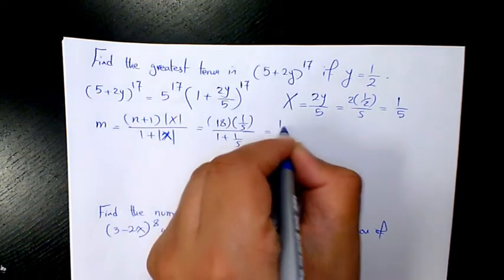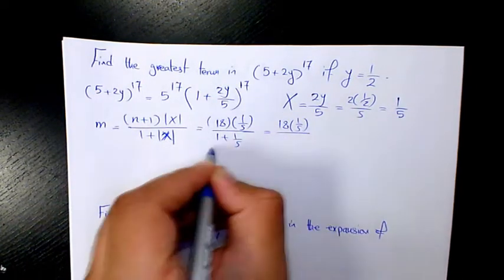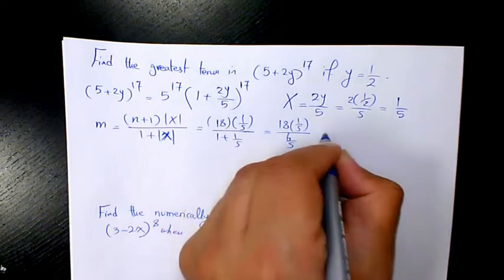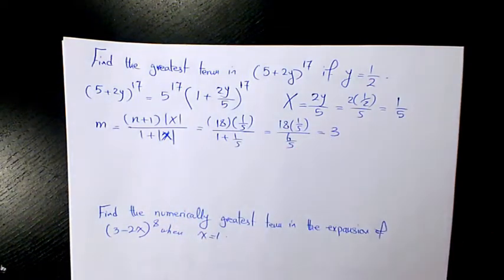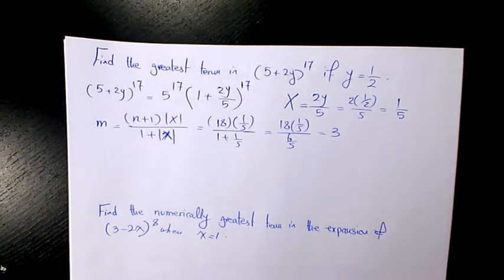That's going to be 18 times 1/5 over 6/5. That's going to be 3. So m is 3. It means that since it's an integer, T3 and T4 are going to be the numerically greatest terms.